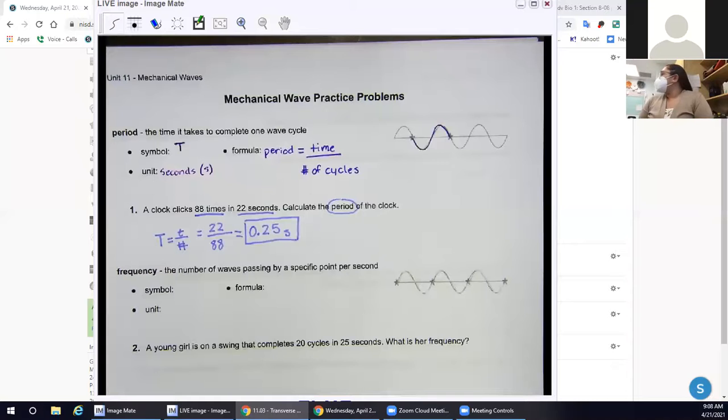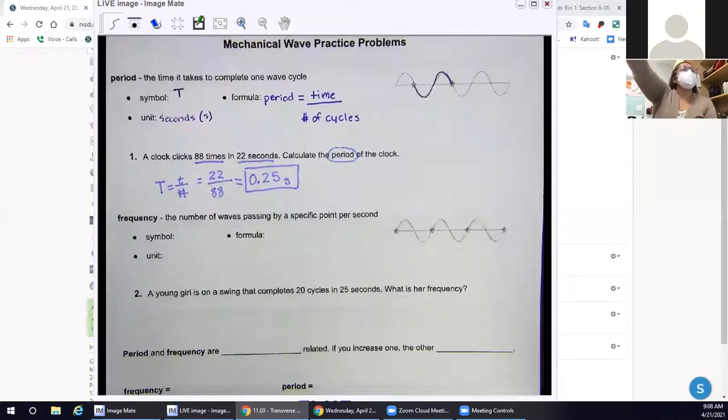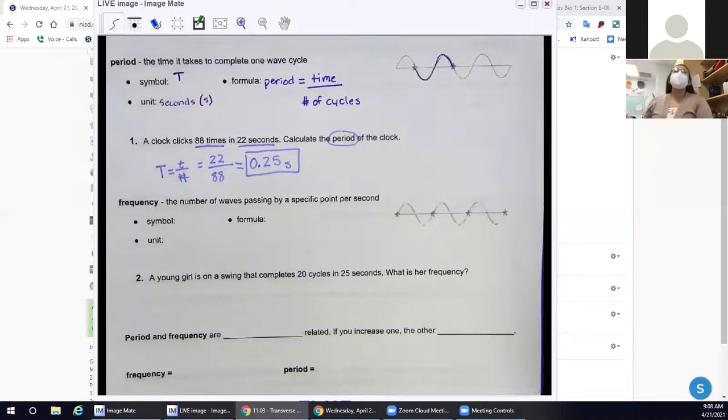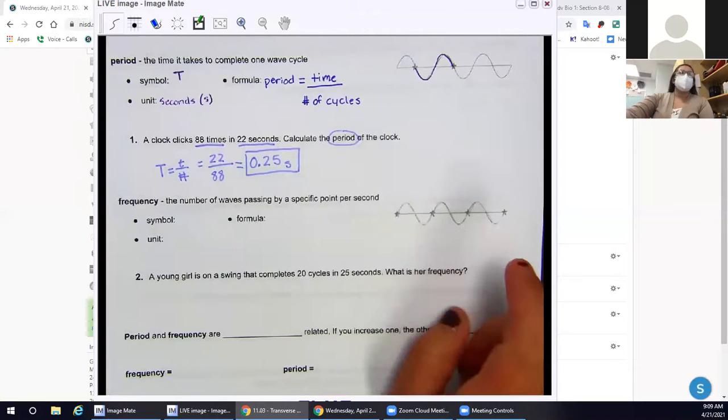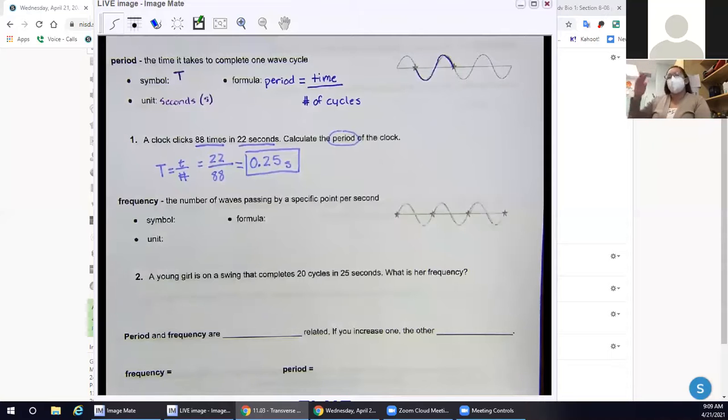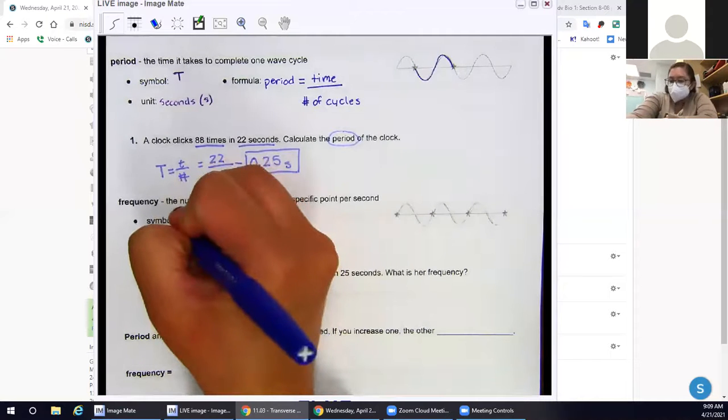All right, are we ready? Okay. So now we're on to frequency, and frequency is the number of waves passing by a specific point per second. So if all three of these waves were passing by in 1 second, then our frequency would be 3/1. The symbol for frequency is an italicized f.